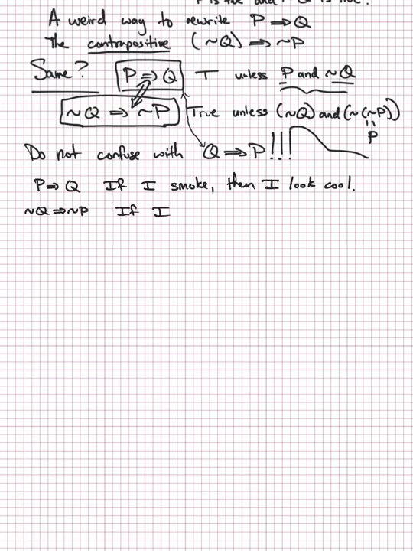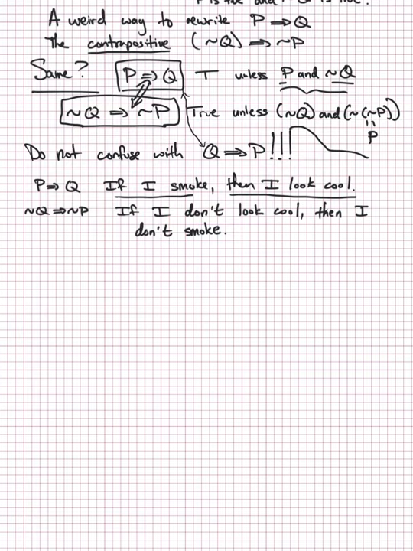If I don't look cool, then I don't smoke. Maybe I should have said if I'm smoking, then I look cool, but that's too hard for me to work out. Okay, and notice these are the same statements, right? So if this is true, if I smoke, then I look cool. Well, if I don't look cool, then for sure you know that I do not smoke. Okay? Because otherwise I would look cool.